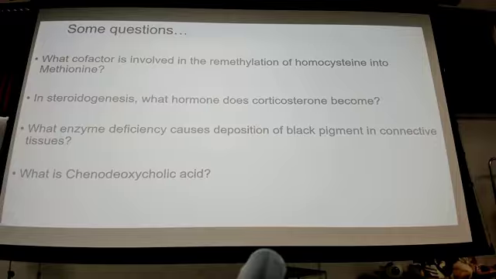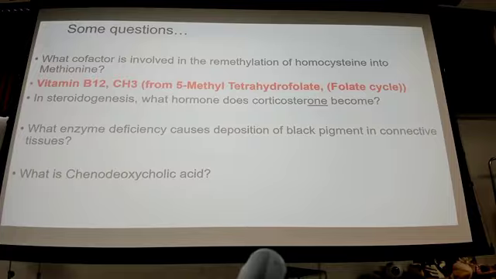Remember, I'm not going to say it. 5-methyl tetrahydrofolate, right? Yeah. So those two are responsible for connecting the methionine pathway with the folate cycle. All right. Questions about that?